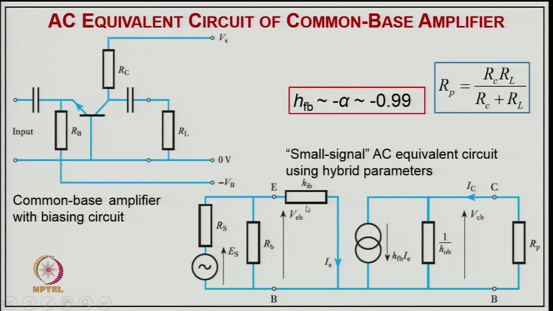You have the HI transistor equivalent, and an emitter-current-dependent source, since the emitter current is the input current. And here you have 1 upon HOB, with RP, which is the equivalent of the biasing and load resistance.